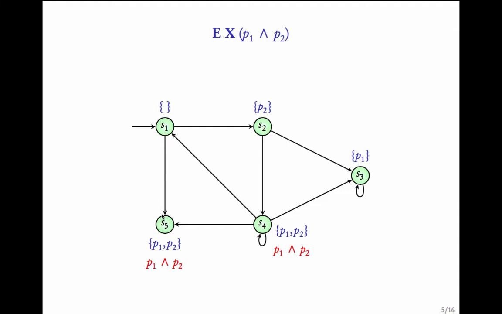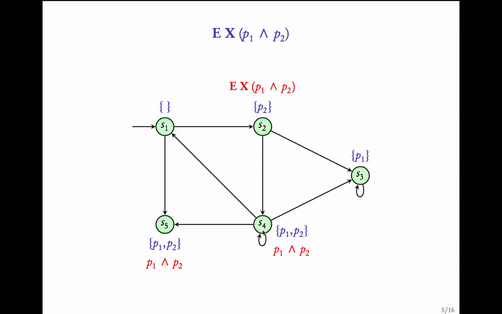There exists an edge going to a state which satisfies P1 and P2. Similarly, look at S2. There exists an edge which goes into a state that satisfies P1 and P2. So, S2 satisfies this formula.